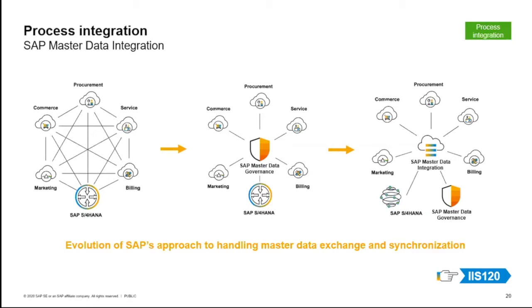On the left, you see the integration approach for master data of the past, which is still in place for many integration scenarios. So it's really a one-to-many or one-to-one integration approach, replicating the master data across the various applications, which is cumbersome to maintain and can easily lead to inconsistencies.